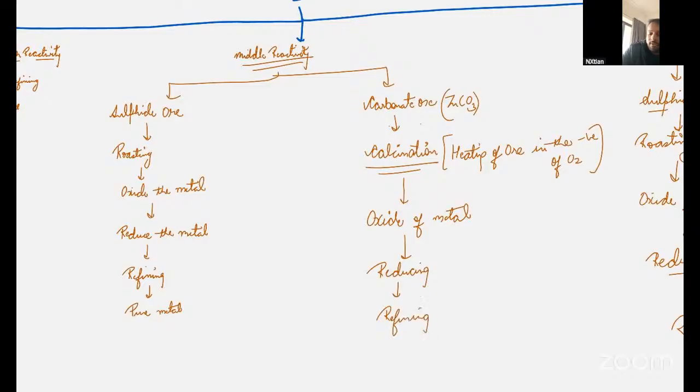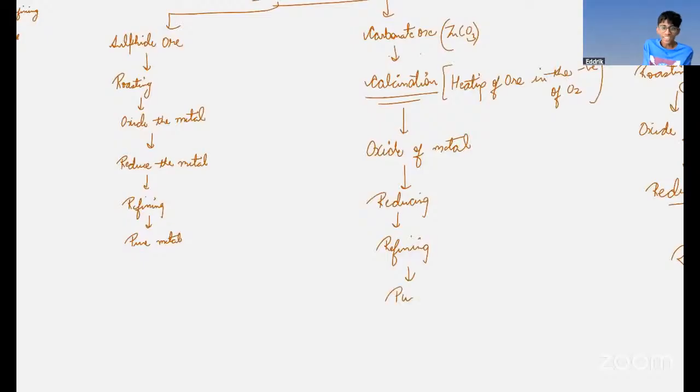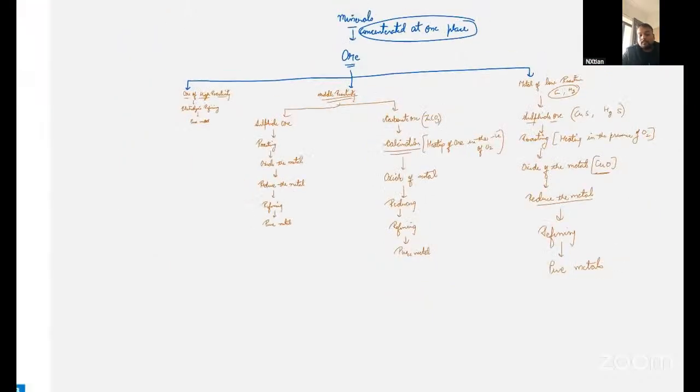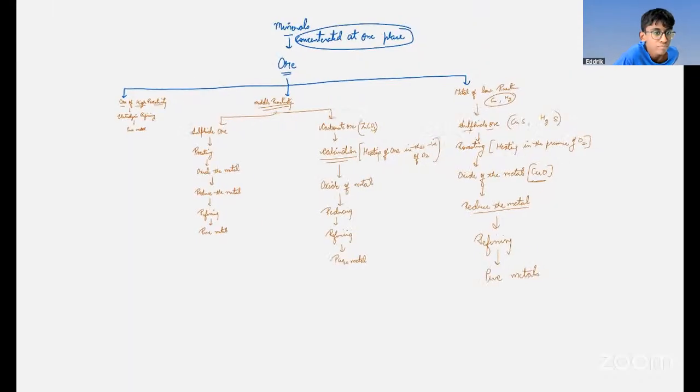And after refining, we will get the pure metal. What is that, heating of ore in the absence of oxygen, yes. Got it, everyone? So refining of sulfide ore and carbonate ore are quite similar, except the first step of sulfide ore is roasting and the first step of carbonate ore is calcination.